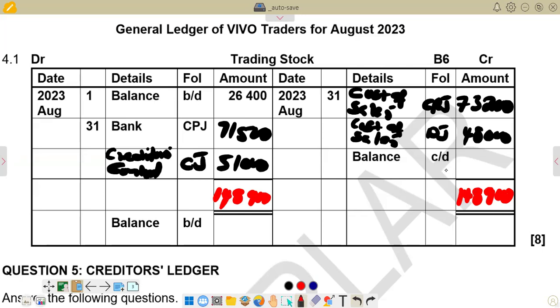So the balance now is the bigger total minus the lesser total. So we are now saying 148,900 minus the total of the credit, which is 121,200. Let's try to calculate it and see what we get there.